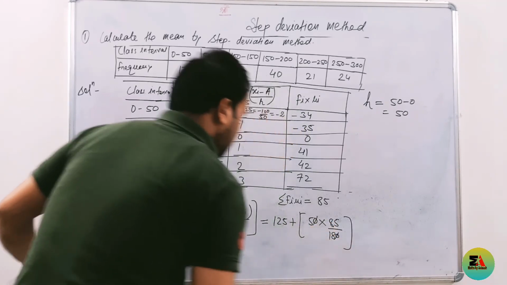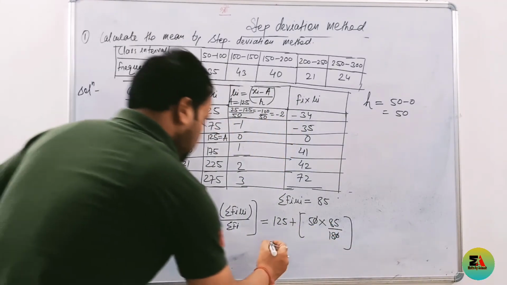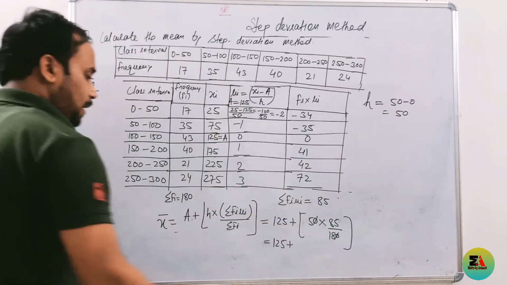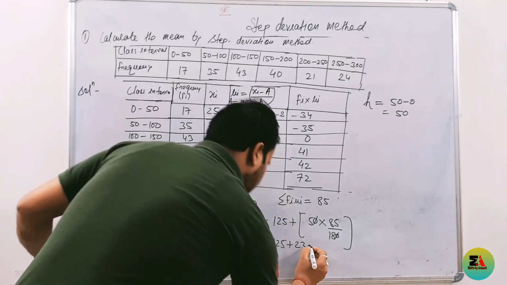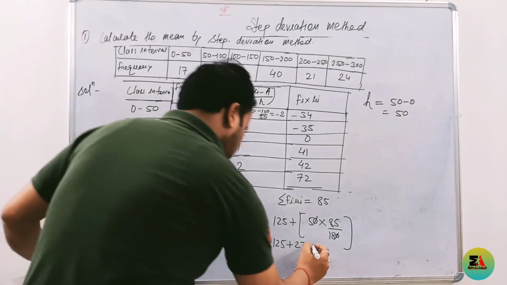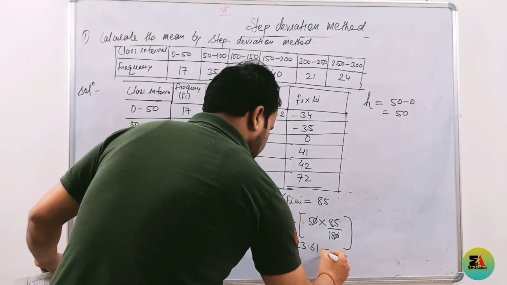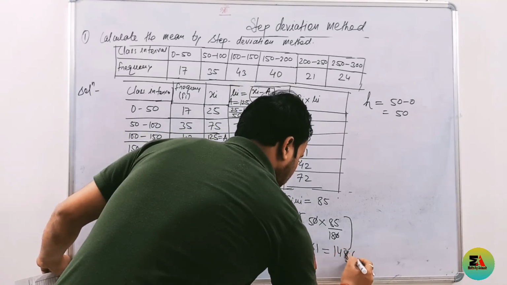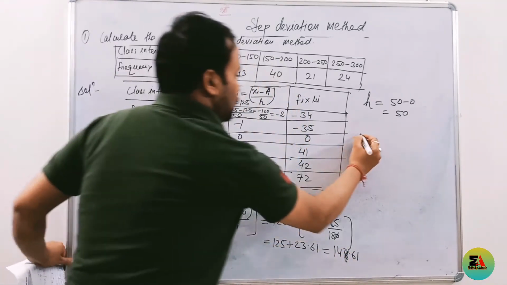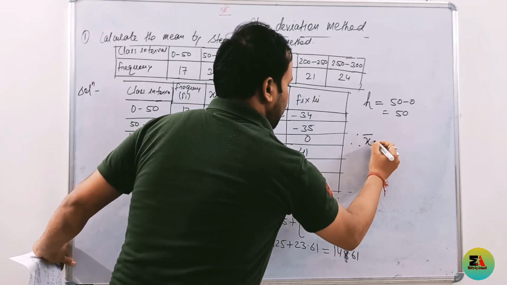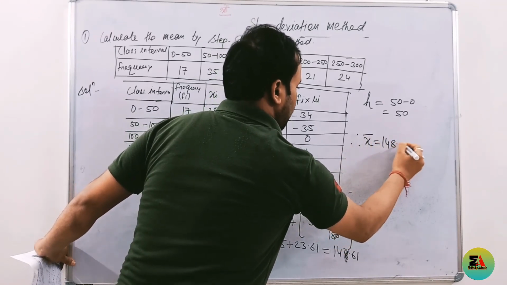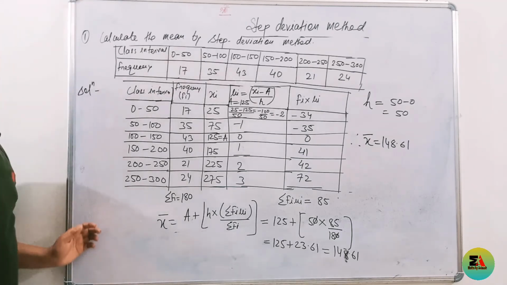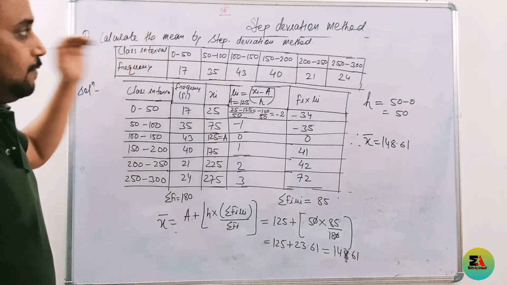Clear? The zeros cancel out. This is 125, and when you solve these values, you get 23.61, and adding it you get 148.61. Therefore, the mean is 148.61. In this way you have to find the mean by using the step deviation method.